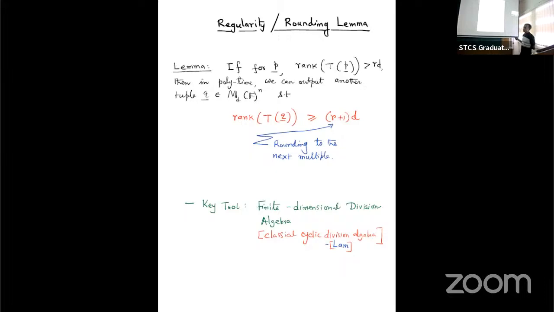Yes, this lemma is constructive. You can output a Q such that the rank bound holds. I suppose there are lemmas which talk about the existence of a polytime algorithm without giving one, but this lemma is constructive. Once you see the statement of the algorithm, it will be more clear.